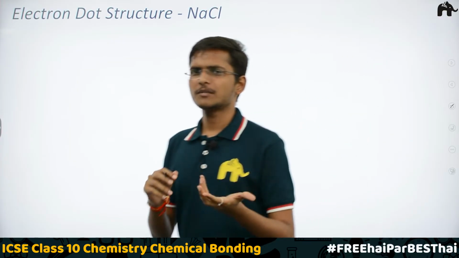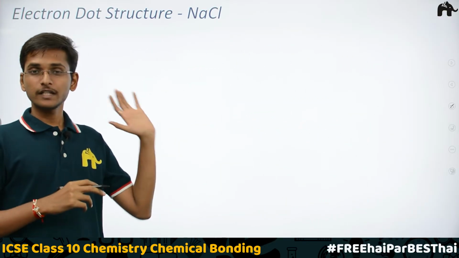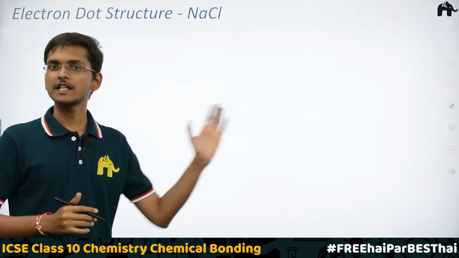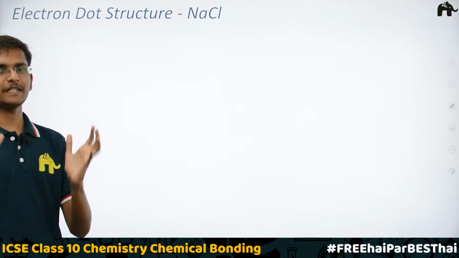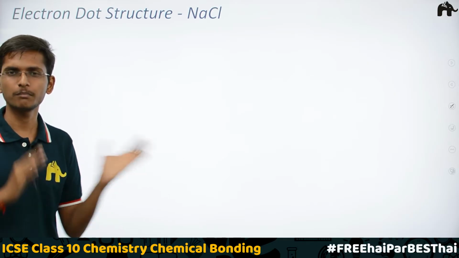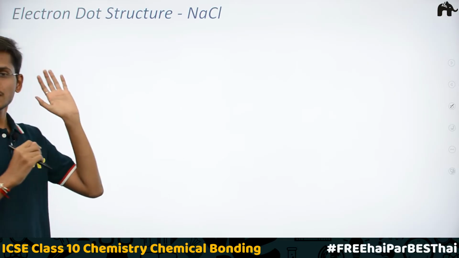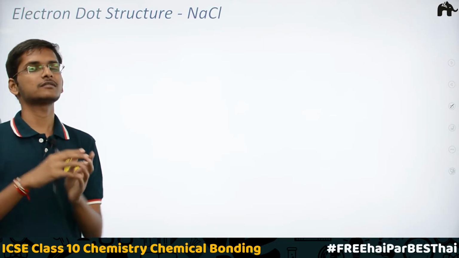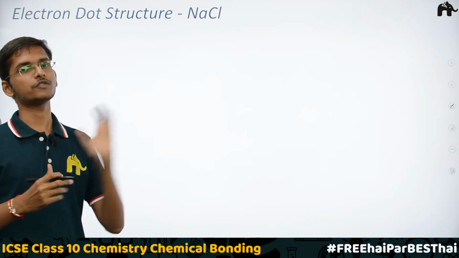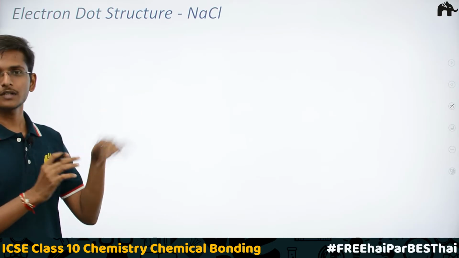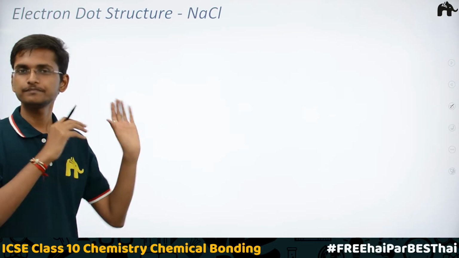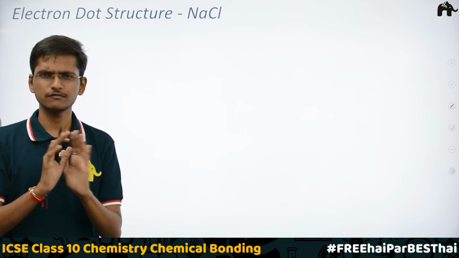I know in the previous grade you have studied the orbit structures of NaCl, MgCl2 and calcium oxide, so you have a basic idea how these compounds are formed. But in order to draw the electron dot structure as well, we first have to understand how these compounds are formed. We will quickly go through how NaCl is formed, and then you would be able to draw its electron dot structure very easily.